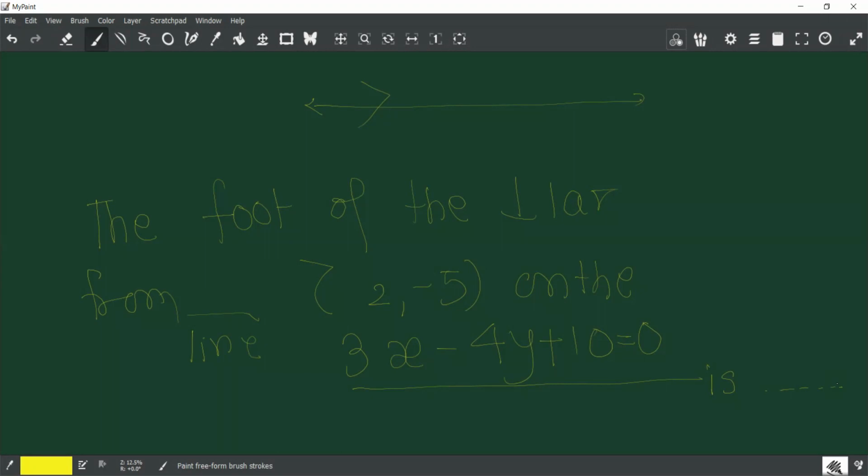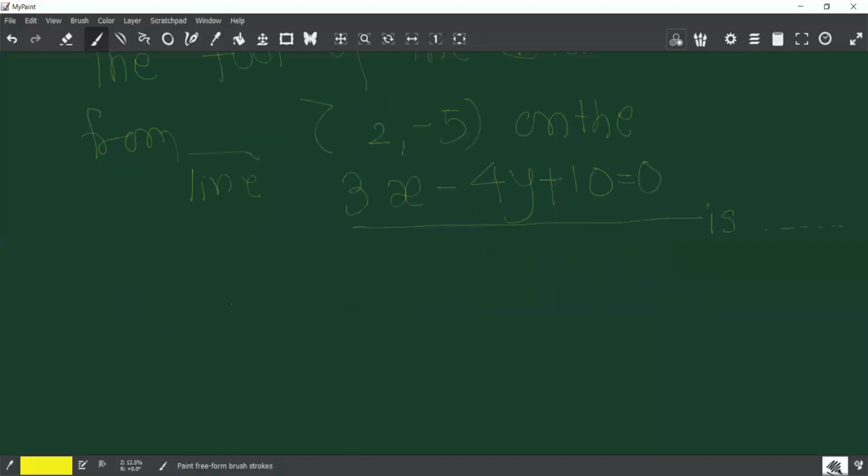Somebody got the right answer. Superb, absolutely right answer. Did you get the equation of that?